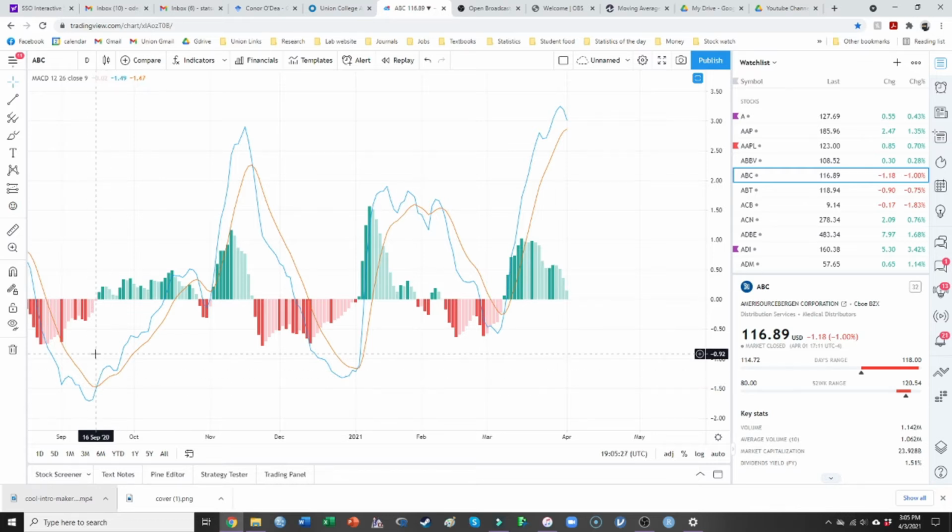Typically people perceive it to be a buy indicator when the blue line crosses above the orange line. Then when it crosses back below, people perceive that to be a sell indicator; crosses back above, a buy indicator; below, sell indicator; above, buy indicator, and so on and so forth.